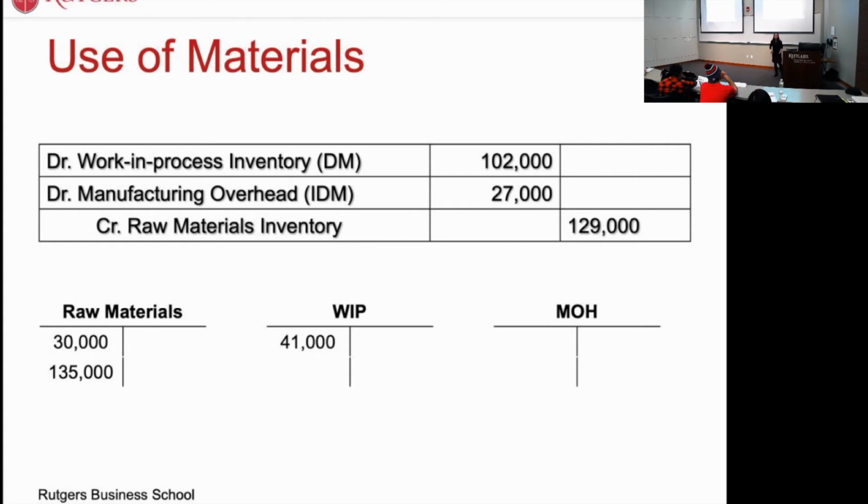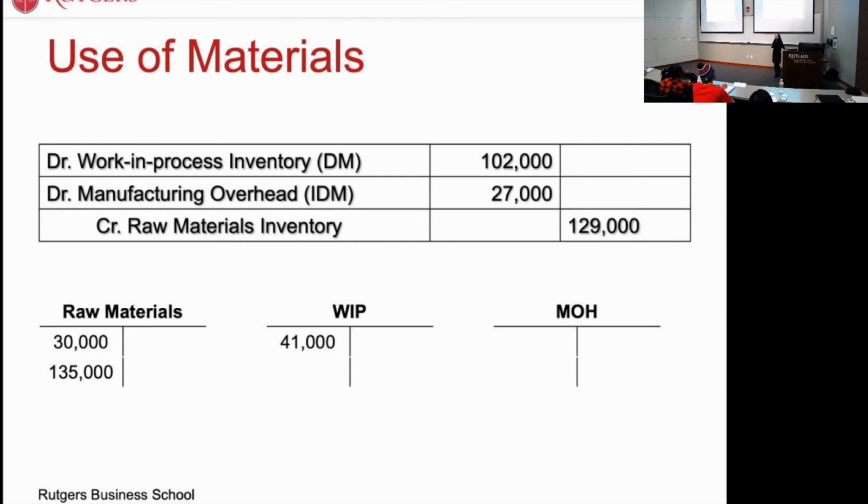Now we already have the journal entry, and we want to put them into the T accounts. So what do we do? First, we debited the work in process inventory. What do we do with this number in this T account?